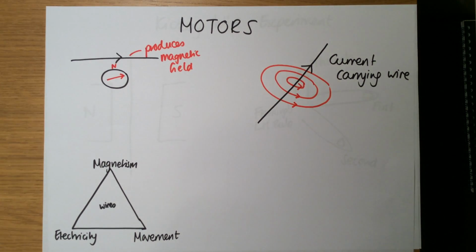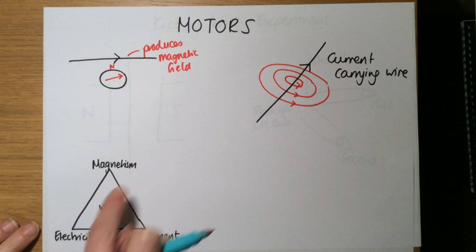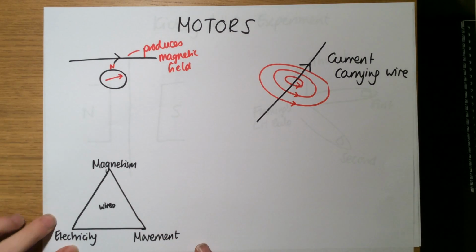Any current carrying wire has a magnetic field around it, and that magnetic field is really useful in the motor effect. Here we're producing a magnetic field because we've got an electric current that is moving, it's moving electrons, so we're producing magnetism.